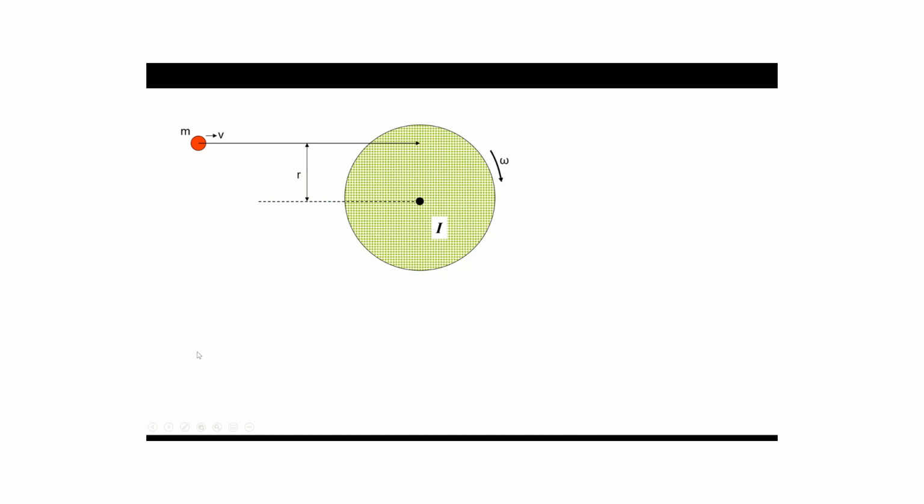So let's look at this in a bit more detail. Person at the start here has a linear momentum of mv.